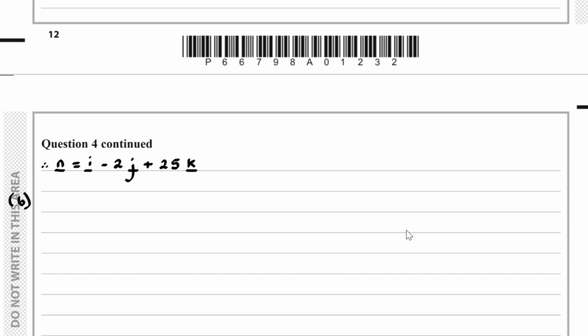So, if we were to work out n cross VA, we've got n, which as a column vector is (1, minus 2, 25), and then we cross this with VA, which is (3, minus 2, minus 1).